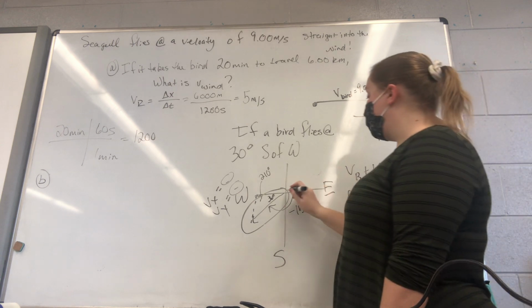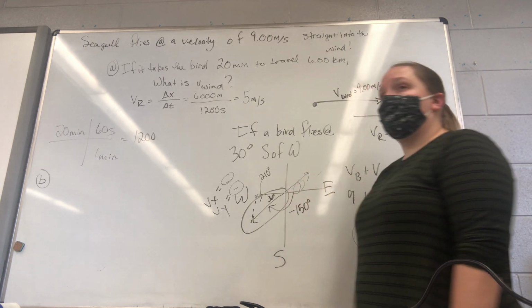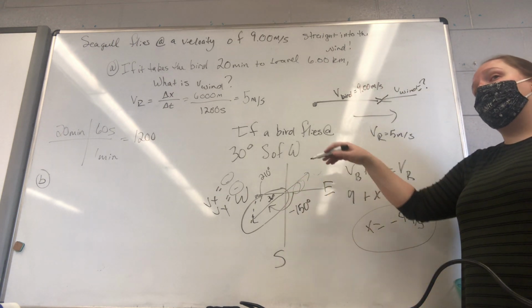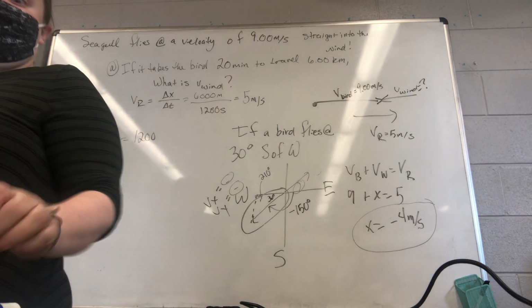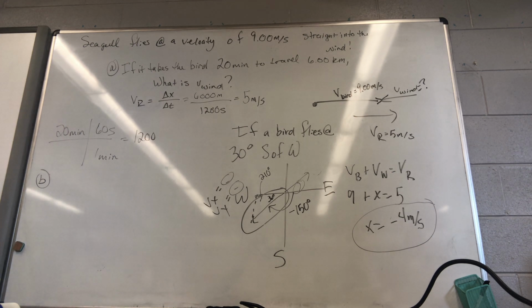Because if you use 30 degrees, you're telling it you're here, and that makes your x and y components positive when they're supposed to be negative. That's why. If it says a direction like south of west or east of south, yes, I would convert. You want them all converted back to 0 on the unit circle.